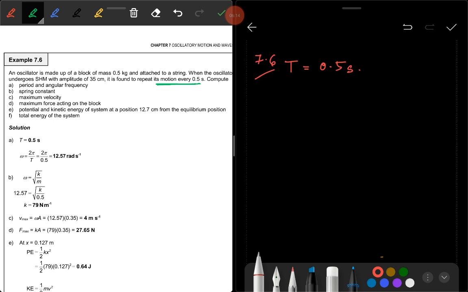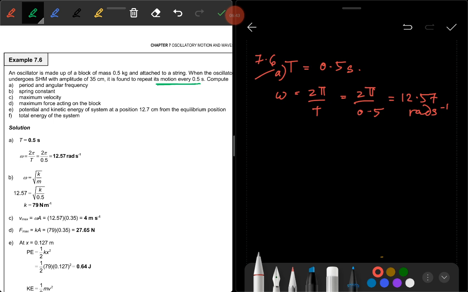If you want to find the angular frequency, omega is equal to 2 pi over T. So here it is 2 pi over 0.5, and we will get 12.57 radian per second.